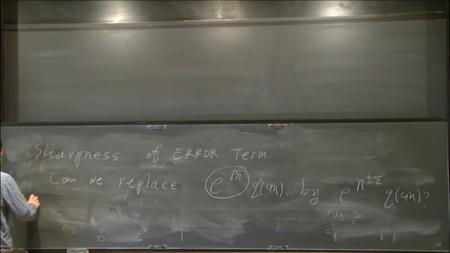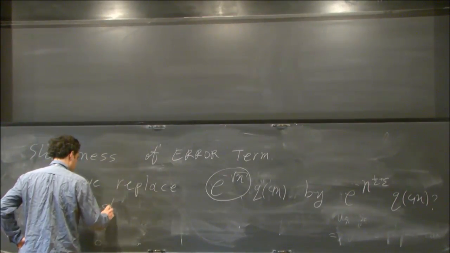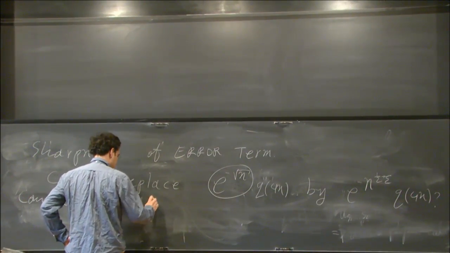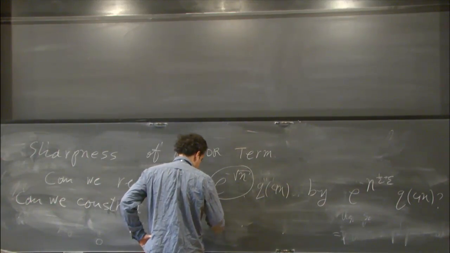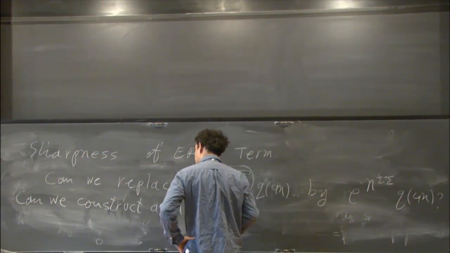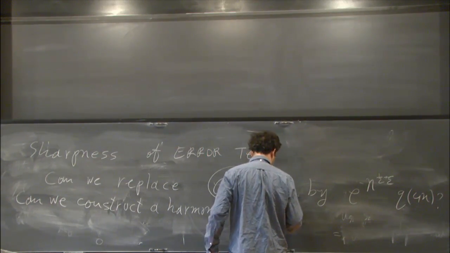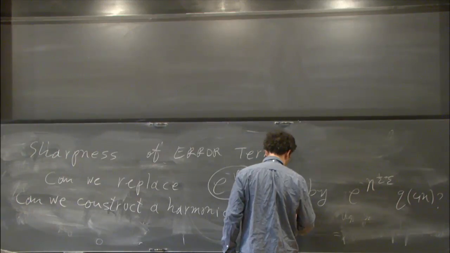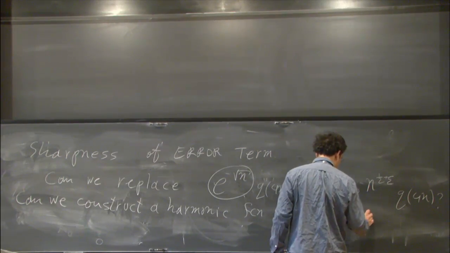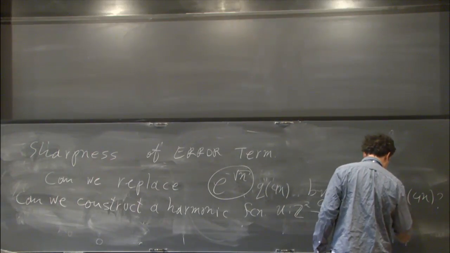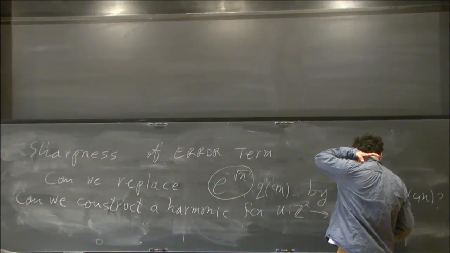In fact, we don't know the answer until now. We only know it partially. Can we construct a harmonic function u on Z2 such that q of n looks like n choose k?